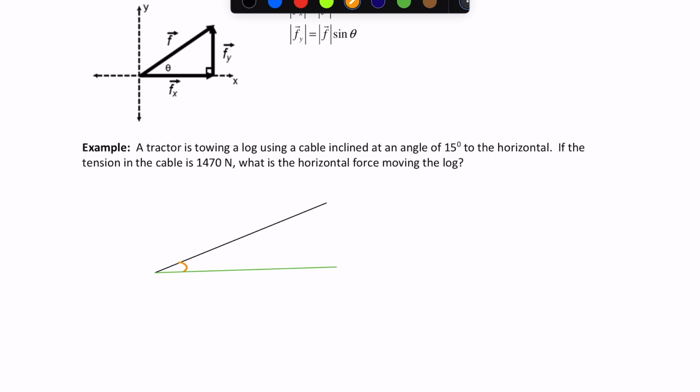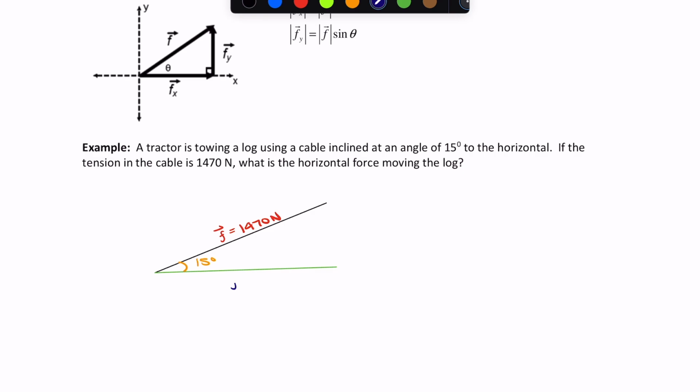Again, the tractor's towing a log using a cable inclined at 15 degrees to the horizontal, and the tension in the cable is 1,470 newtons. What is the horizontal force moving along the log?